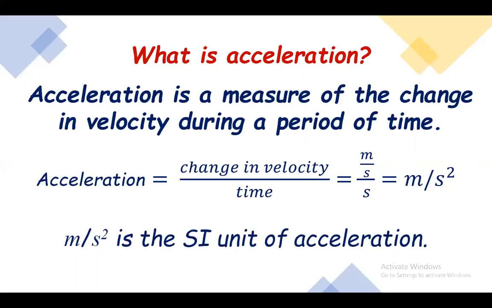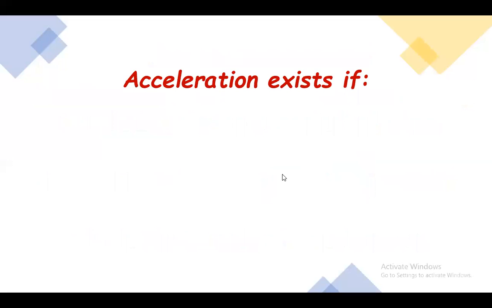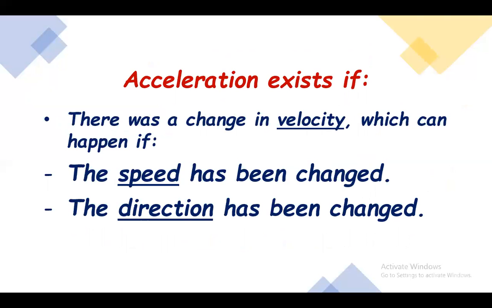The first one is acceleration is the change in velocity. Second thing, it is measured by meters per second square. Before going to the third point, acceleration, as we said, exists if there was a change in velocity. No change in velocity, no acceleration.